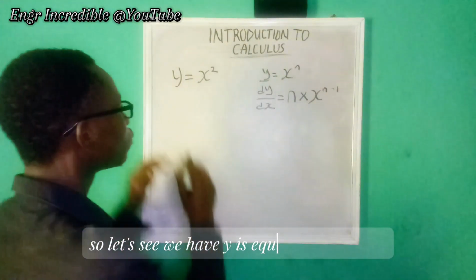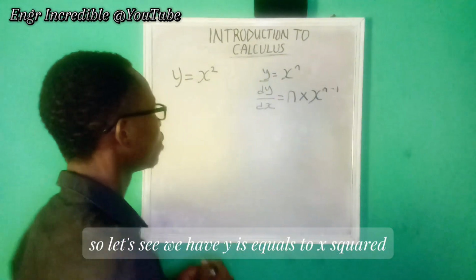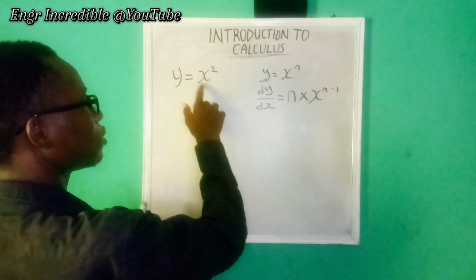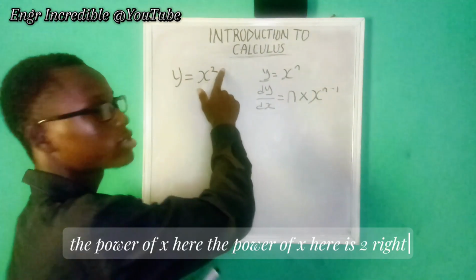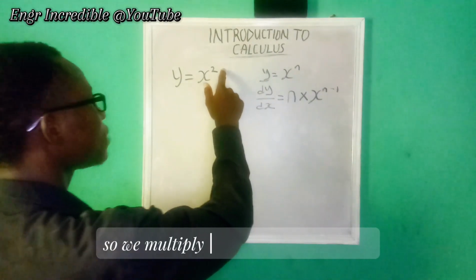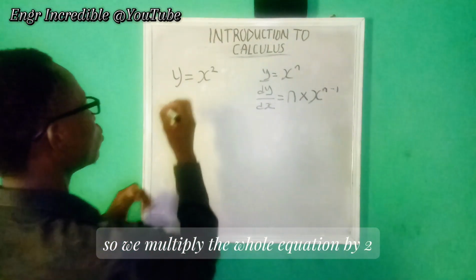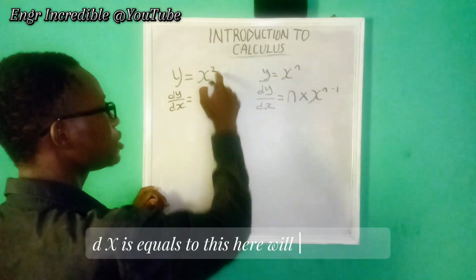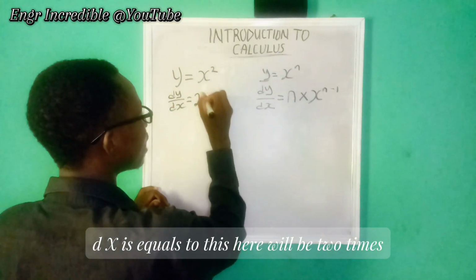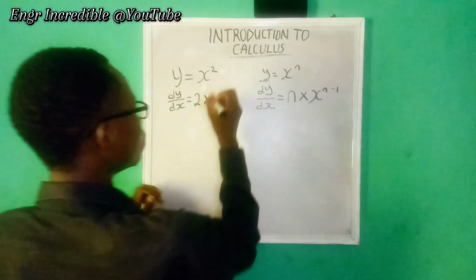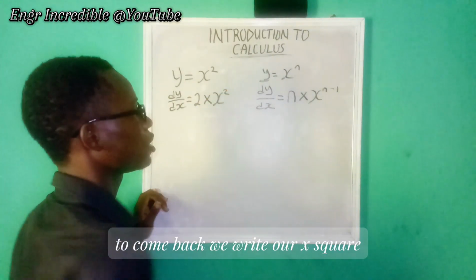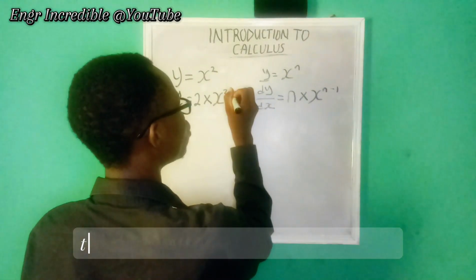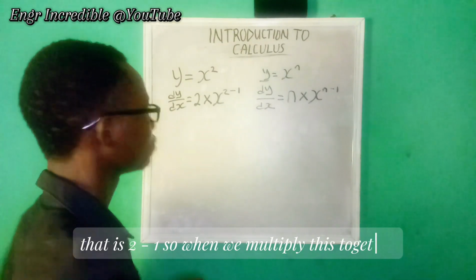So let's say we have y is equals to x squared. What do we just do? We find the power of x squared. The power of x here is 2, right? So we multiply the whole equation by 2. So we have our dy dx is equals to 2 times, we come back, we write our x squared, then we remove 1 from the power that we have, that is 2 minus 1.